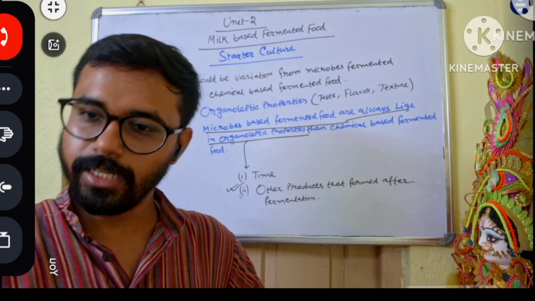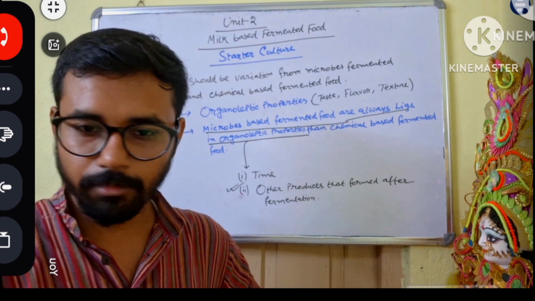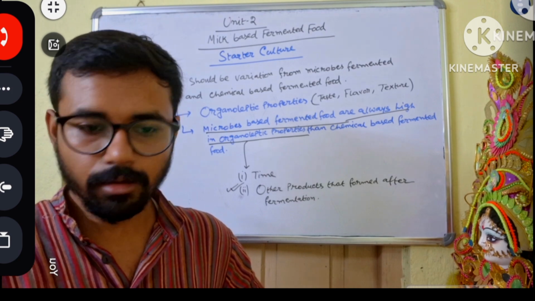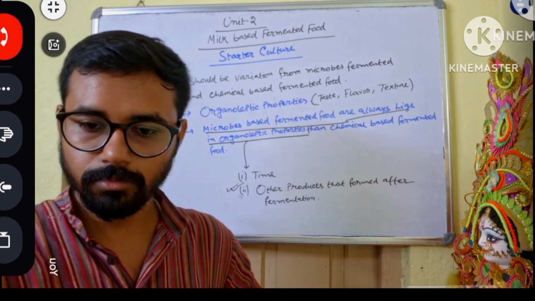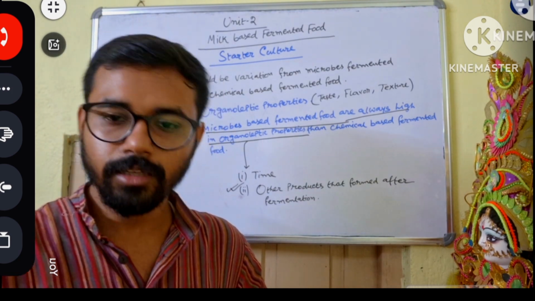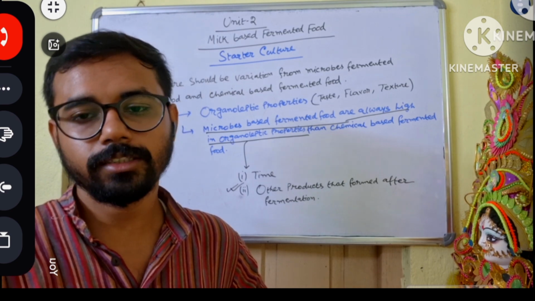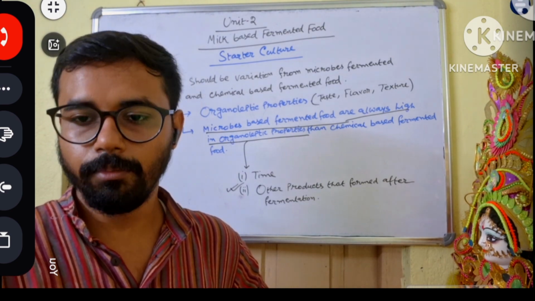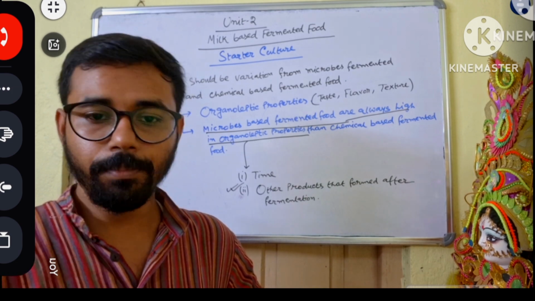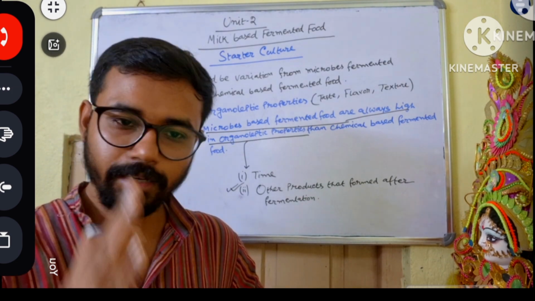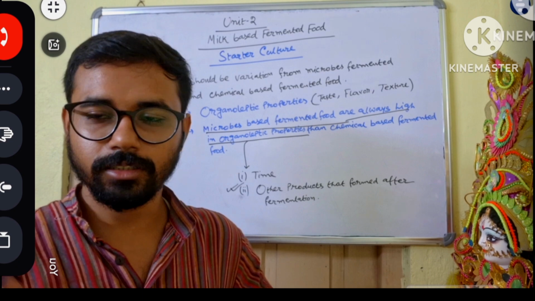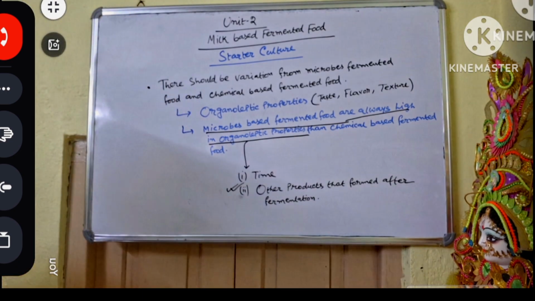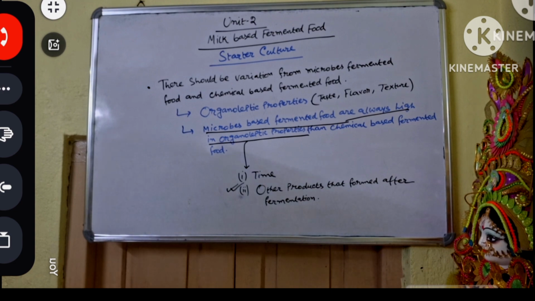Not in the shorter term, but in the longer term. In the short term, you cannot observe any problem after consuming acetic acid or soya sauce, but in the longer term, it will create some problem. But the microbe-based product is totally harmless if you create and maintain the proper environment during fermentation. Clear?